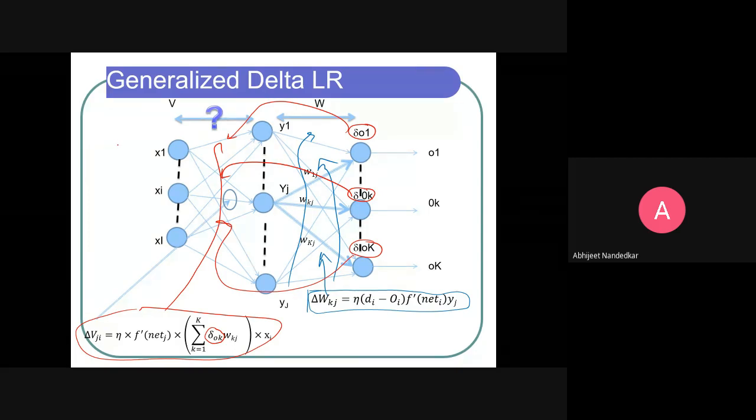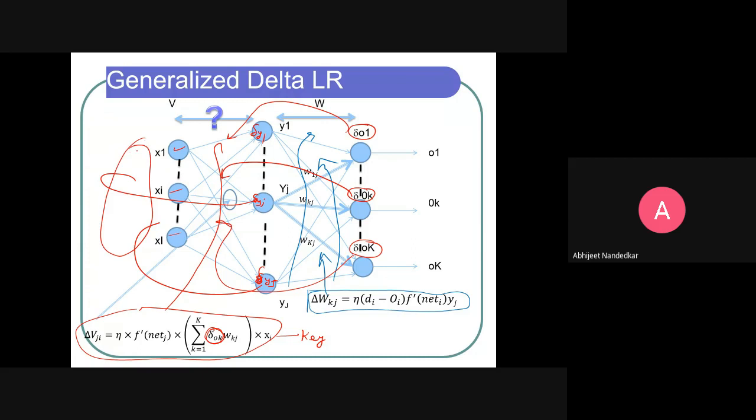So this is a key thing. Here we are going to calculate delta y1, then delta yj, say delta y capital J. If suppose there is one more layer like this here, then you will use these deltas and this same formula. So this is a key formula. In that case, we are replacing delta OK by delta yj, and then we will update these weights if they are there.